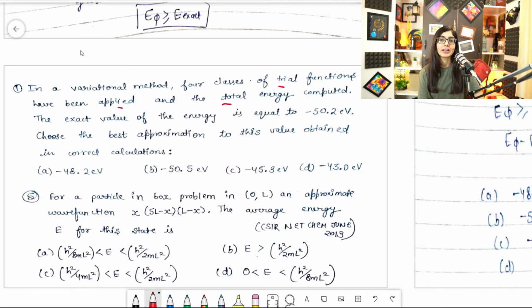Like they took 4 trial wave functions randomly and the energy was calculated, the way I told you in the earlier video: you take the trial wave function and then you calculate the energy, and if you have variational parameters, you calculate those variational parameters.